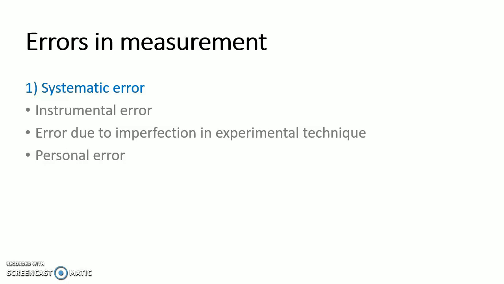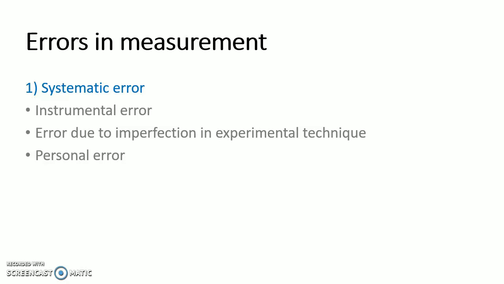It is introduced if the experimental technique is wrong. And the third type is personal error. This error is caused due to the carelessness of the observer. So systematic errors can be minimized by using proper instruments, by following proper experimental techniques, and by removing personal errors.